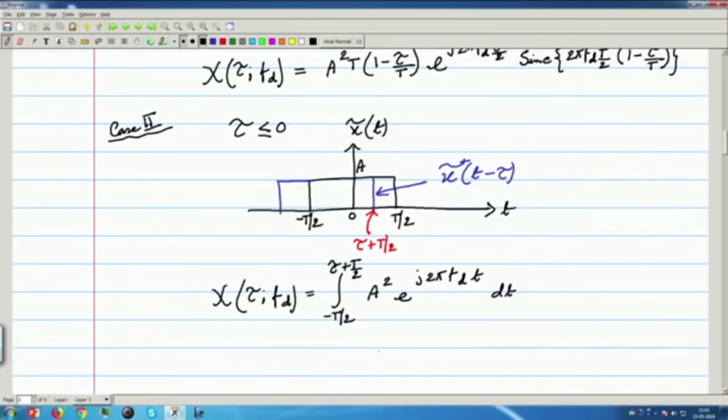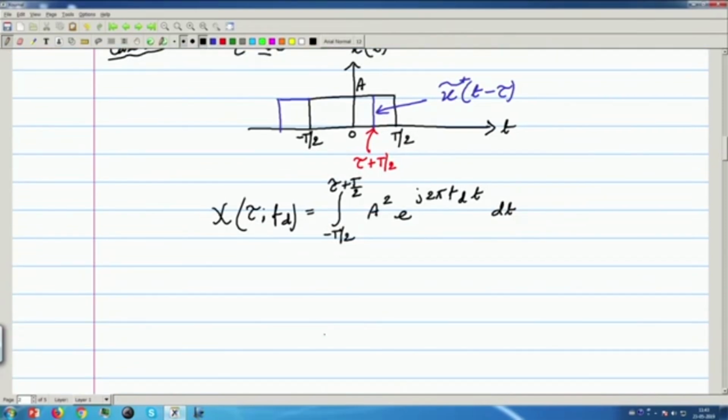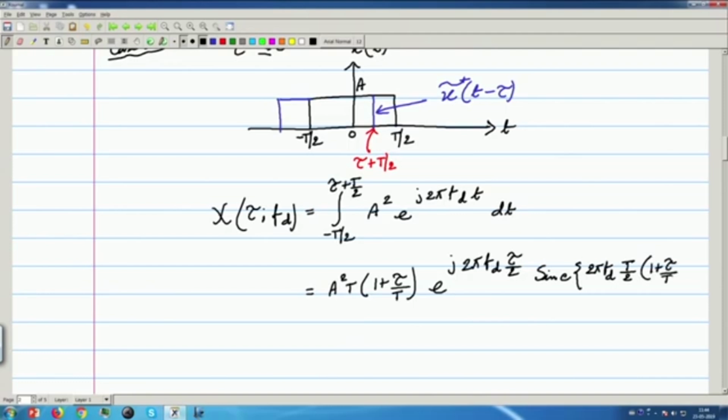As before you can integrate this, and finally, I am writing in one step the final thing: a square t into 1 plus tau by t, e to the power j 2 pi f d tau by 2, sinc of 2 pi f d t by 2 into 1 plus tau by t.